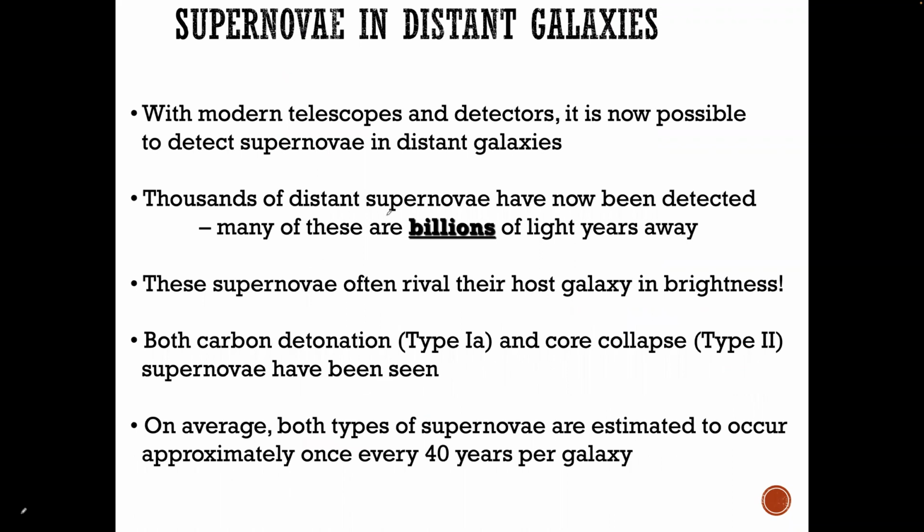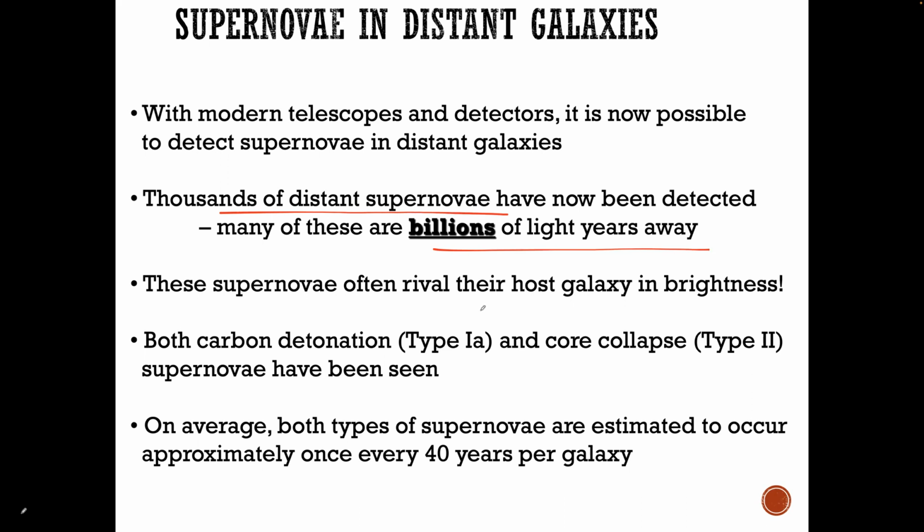Now with modern telescopes and detectors, it is possible to detect supernovas in very distant galaxies, and thousands of distant supernovas have now been detected. In terms of the volume and the number of galaxies we can look at, we have detected thousands of distant supernovas, and many of these are billions of light years away from us.